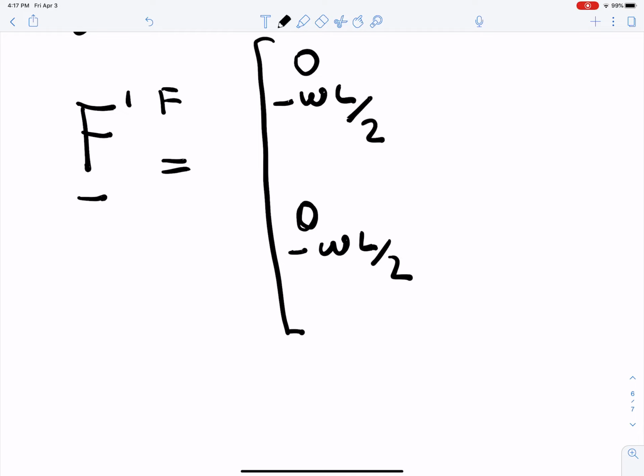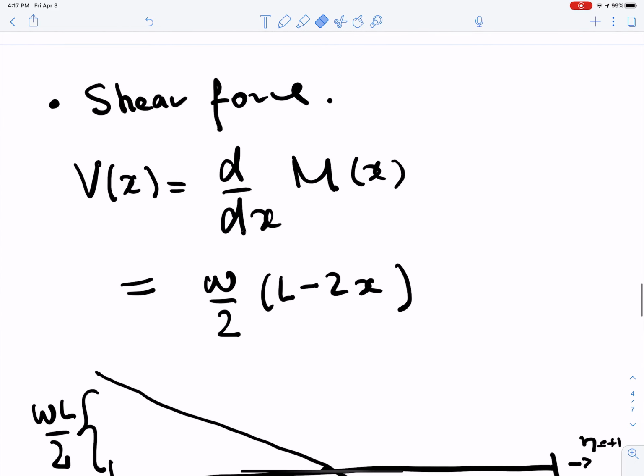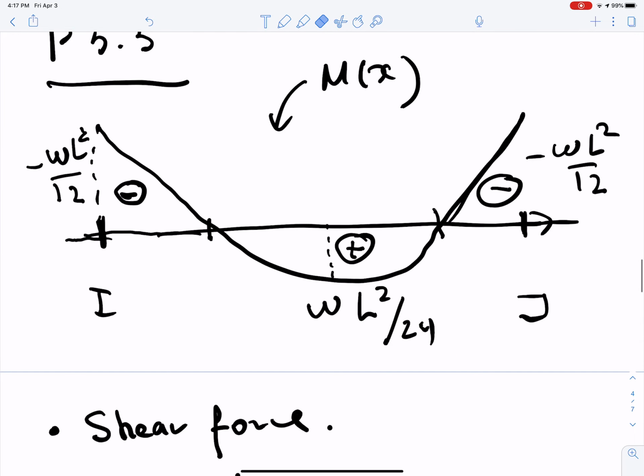Minus. Right, so again, let me go back. In order to produce negative curvature here, at the location, I need to apply the moment that is what? Counterclockwise, right?